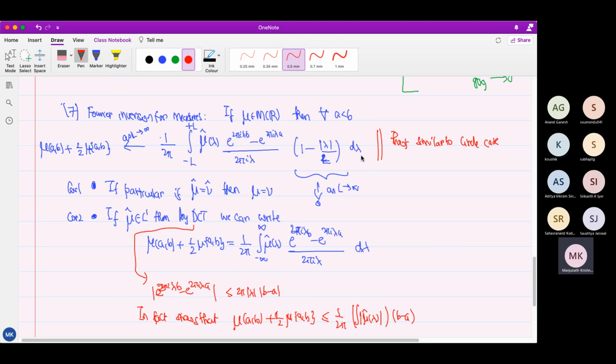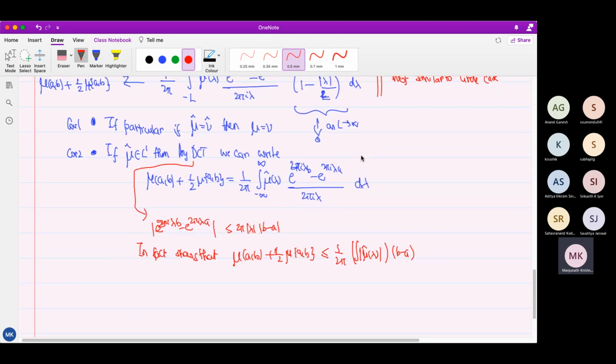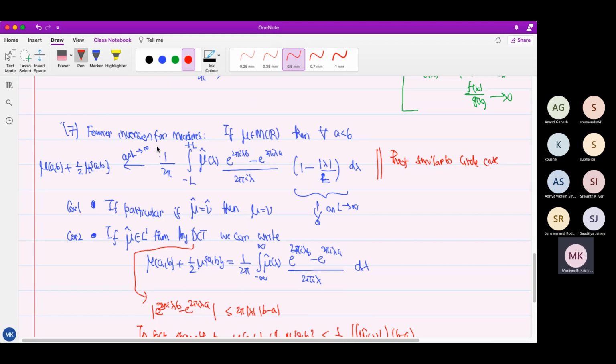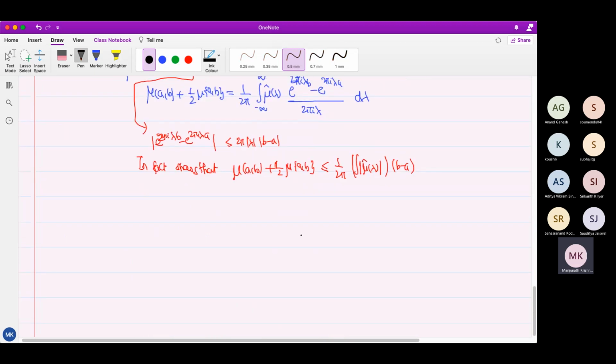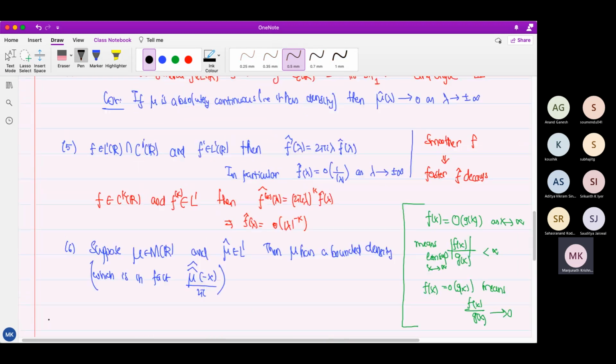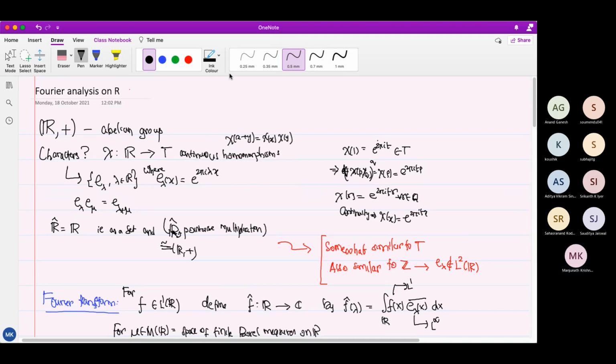Okay. By the way, if anyone wants a reference, my favorite reference for Fourier analysis of measures is actually Feller. Feller Volume 2 has a very good one. So let me give a couple of references here. Maybe I write at the top. There are many books on Fourier analysis.